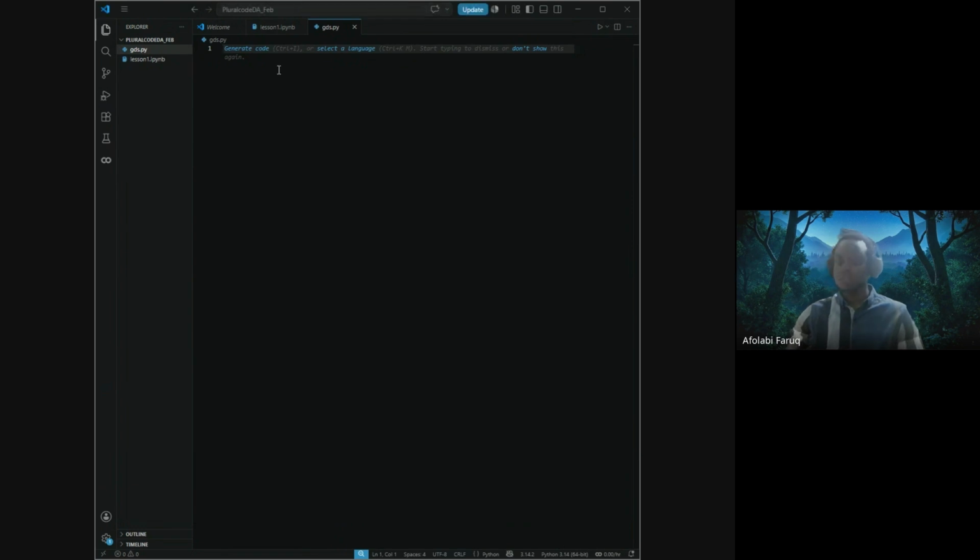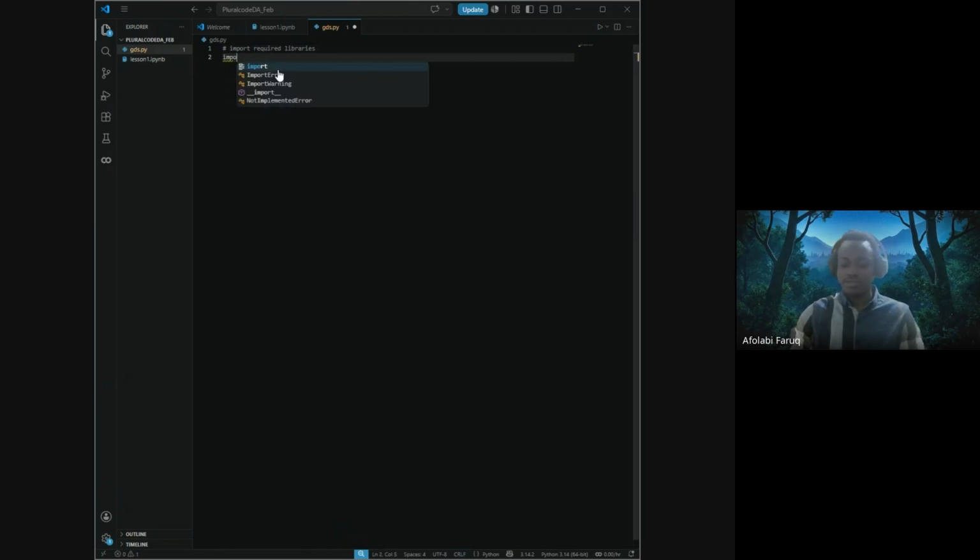Okay, the first thing to do is to import required libraries. Right, so first import NumPy. Then the next thing is to import plotly pyplots as PLT.